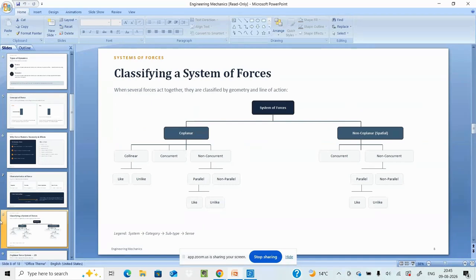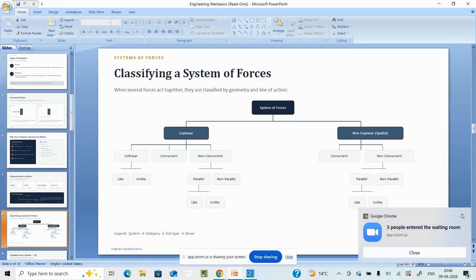Coplanar forces are divided into collinear, concurrent, and non-concurrent, and collinear is divided into like and unlike. I'll show the diagram, and by seeing the diagram, I'll explain point by point.